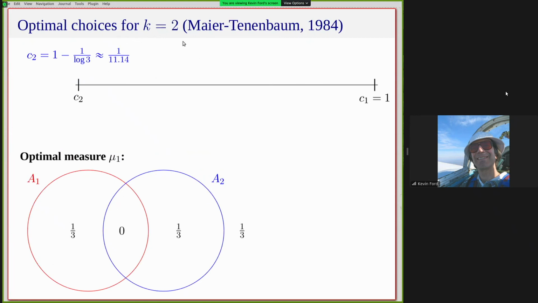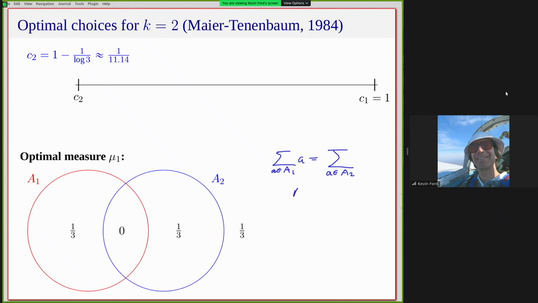Okay, so k equals 2 is the easiest case. There we just want 2 equal subset sums. So what we want is the sum over a in A1 to be equal to the sum over a in A2. The Venn diagram has 4 components, but 2 of those components don't play a role here at all.